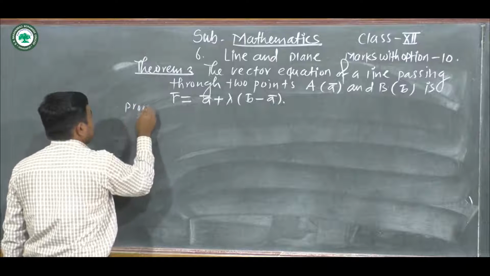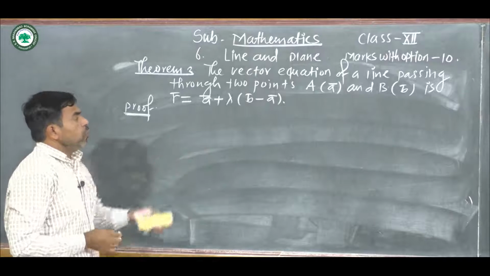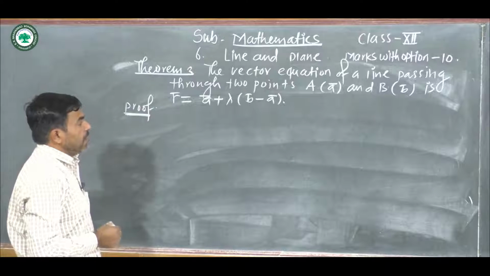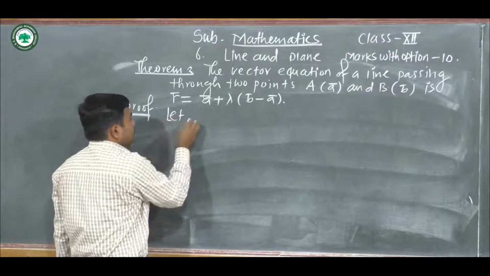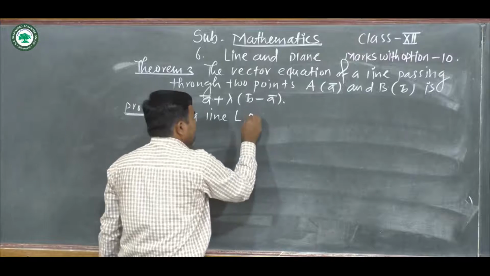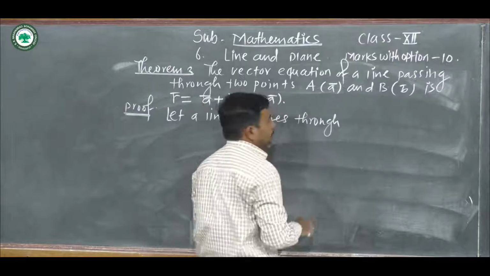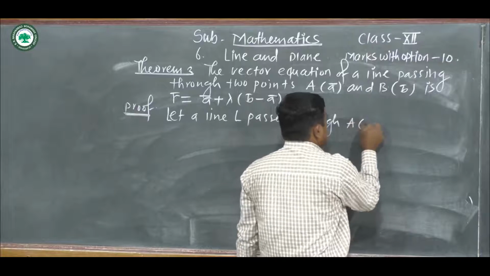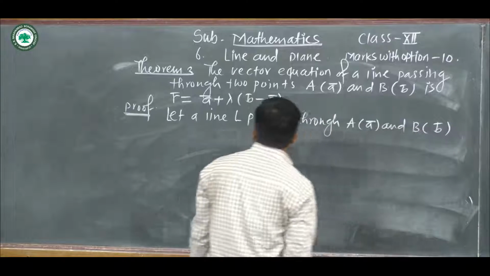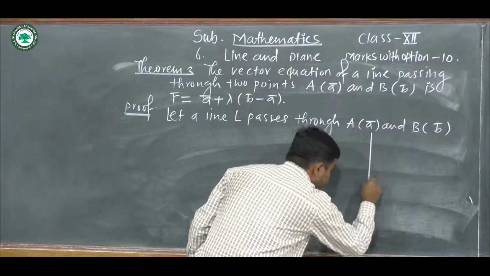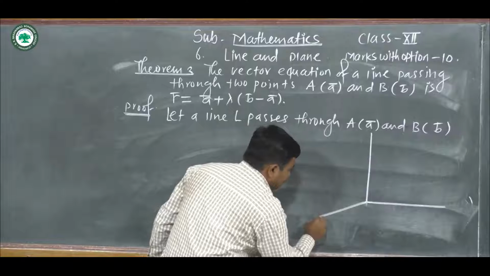So proof. See here we have a line which passes through 2 points, A with position vector A bar and B with position vector B bar. So let a line L pass through point A with position vector A bar and point B with position vector B bar. So we have a line in the space which passes through 2 points.